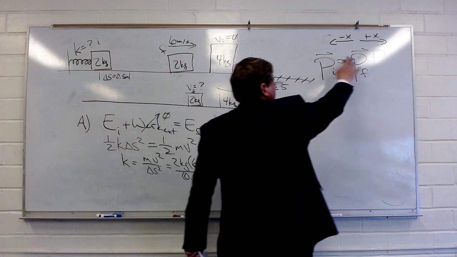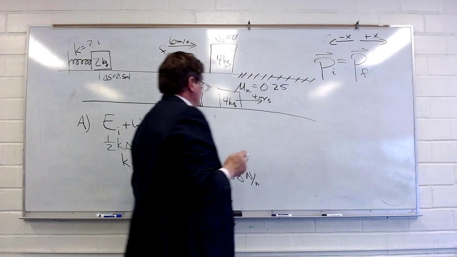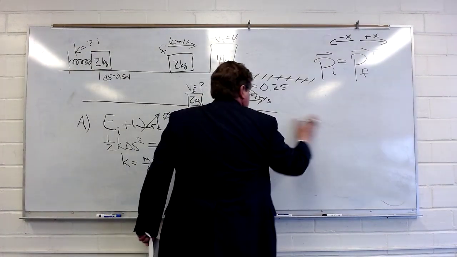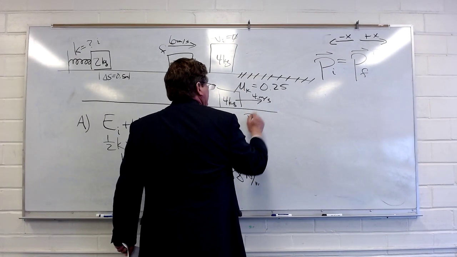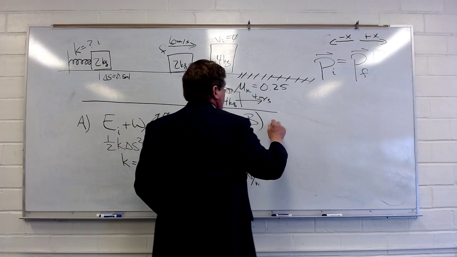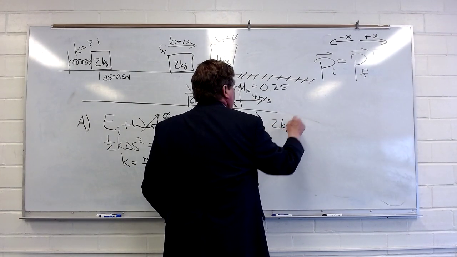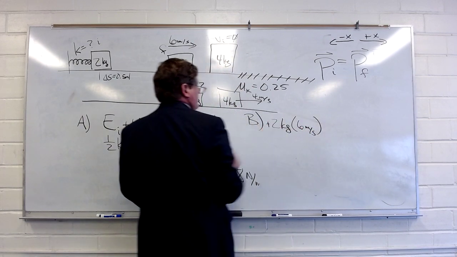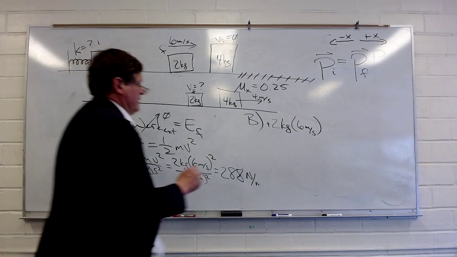And because this is a vector equation, we need the coordinate system. So we come down here for part B, and we say before the collision, we had a 2 kilogram block moving at 6 meters per second. It was moving to the right, so that's positive.